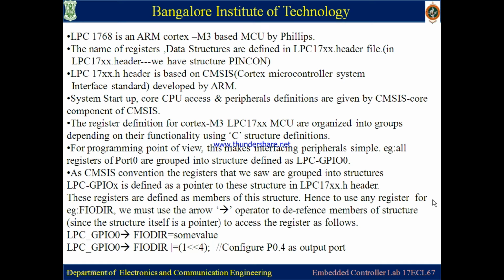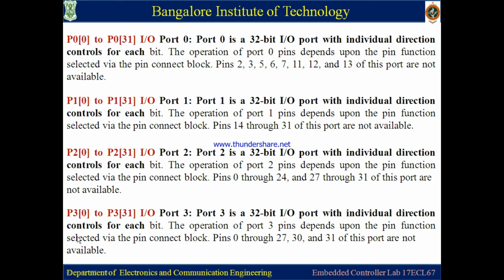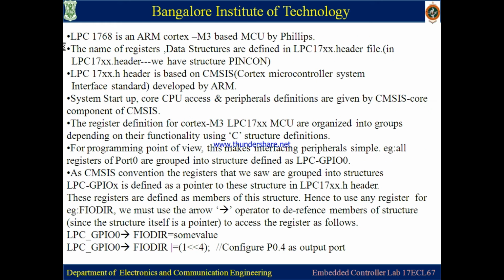To use any register, we must use an arrow operator to dereference the members of the structure, since the structure itself is a pointer. To access the register, we write LPC_GPIO0->FIODIR. So that means this FIODIR is a member present in the LPC_GPIO structure.